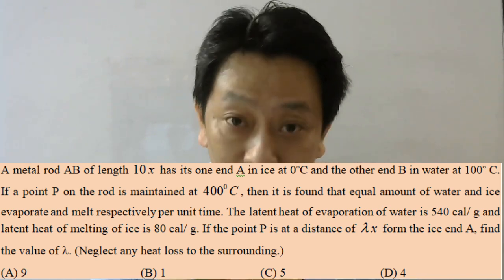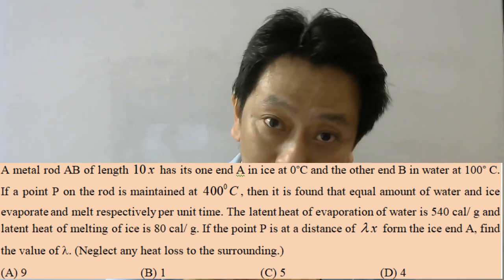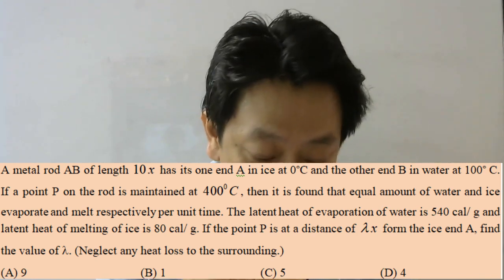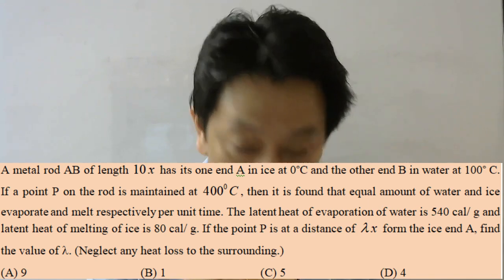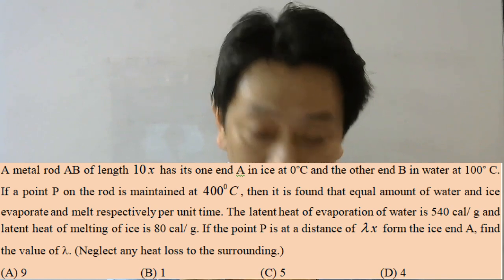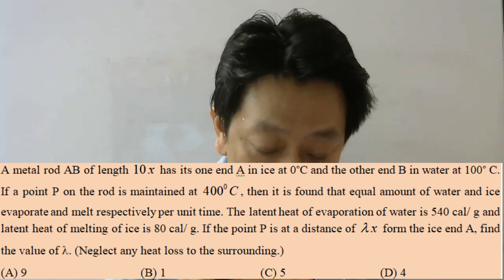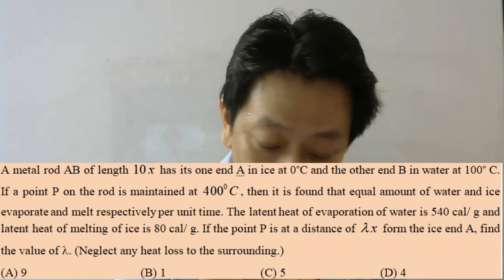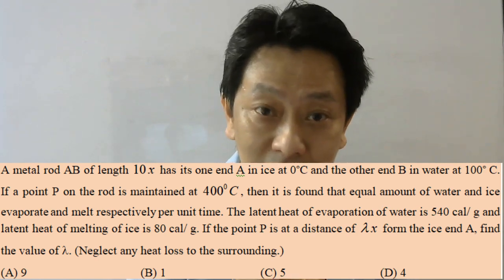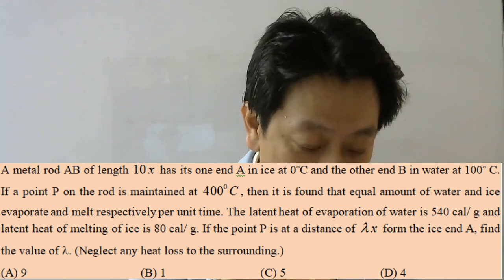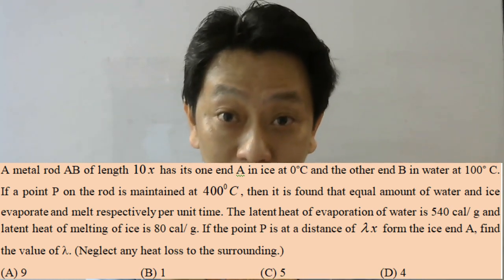The latent heat of evaporation is given 540 calories per gram. Latent heat of melting of ice is given 80 calories per gram. If the point P is maintained at 400 degrees Celsius, at a distance lambda x from the ice end, which was A, they want you to find the value of lambda.